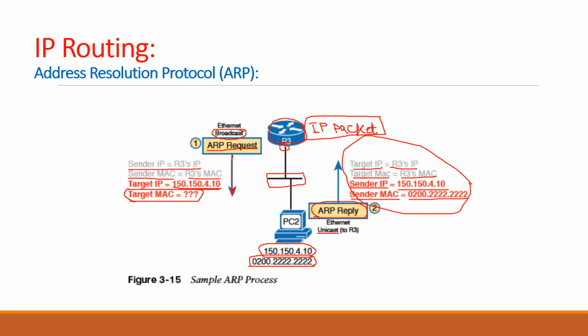Now R3 gets the MAC address of PC2. Now it can encapsulate an Ethernet header and trailer.